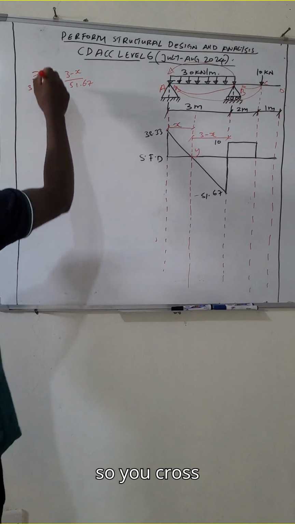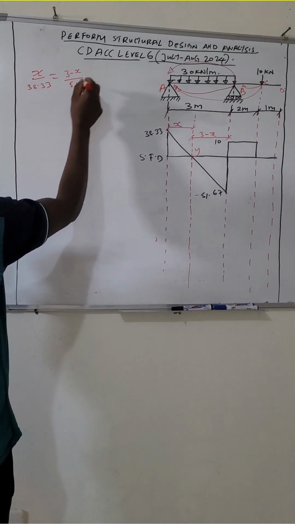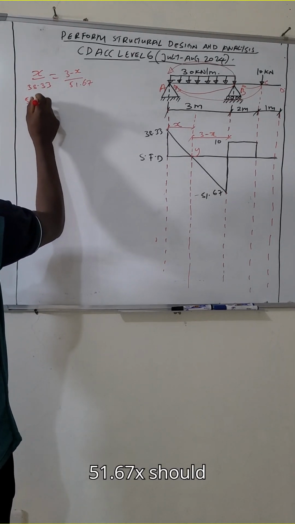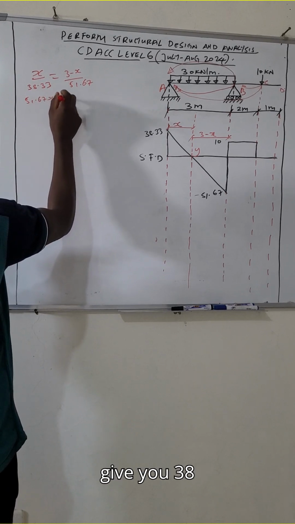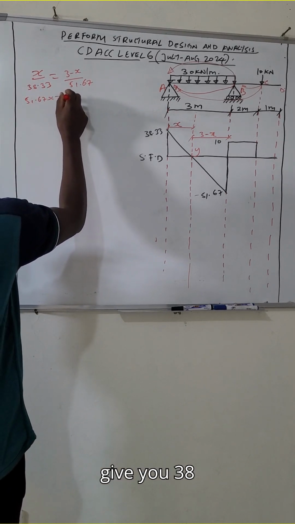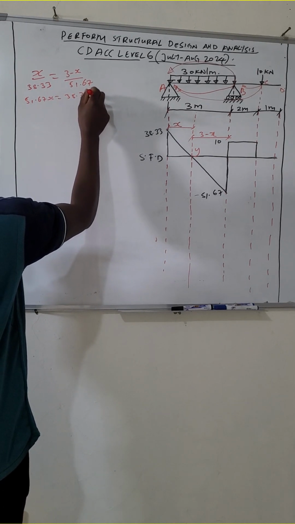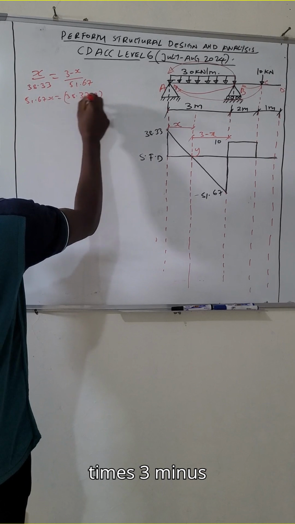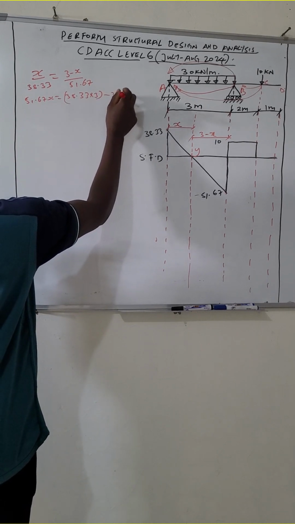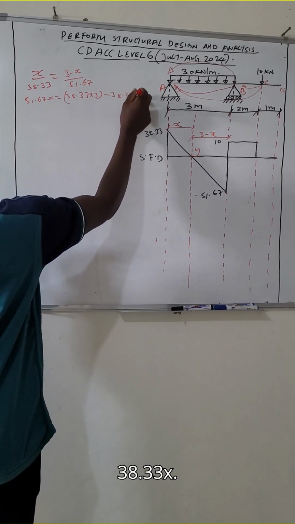So you cross multiply: 51.67X should give you 38.33 times 3 minus 38.33X.